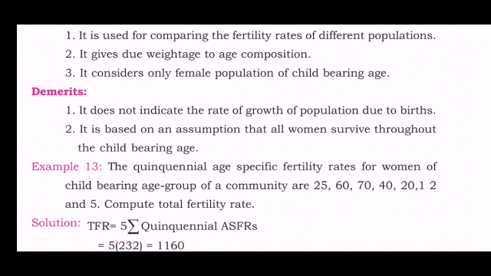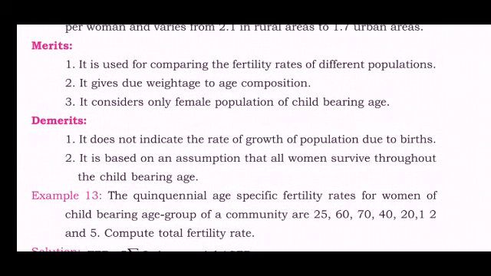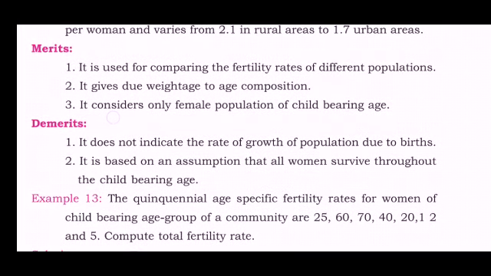And the second demerit is, it is based on an assumption that all women survive throughout the childbearing age. So it assumes that a woman of childbearing age, it may be a 15-year-old female, 16-year, or any age group, will live till her 49th year.